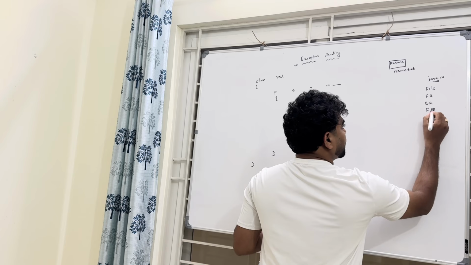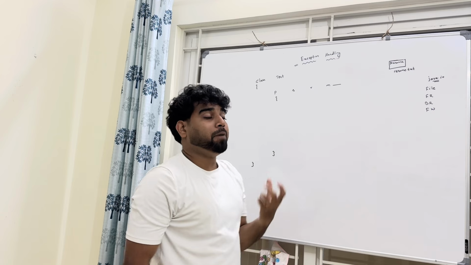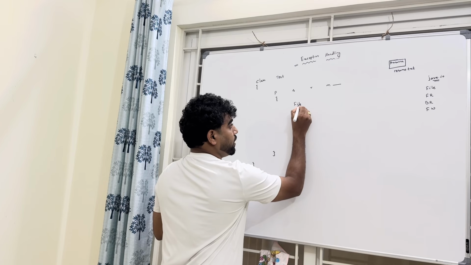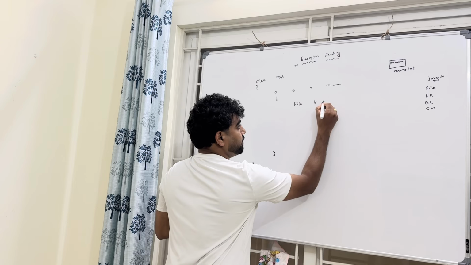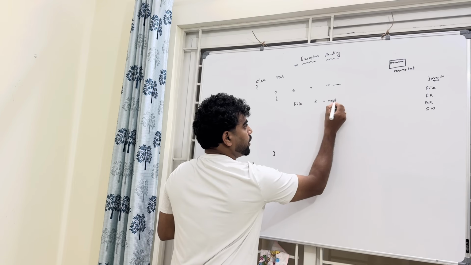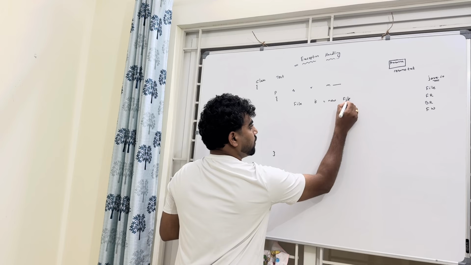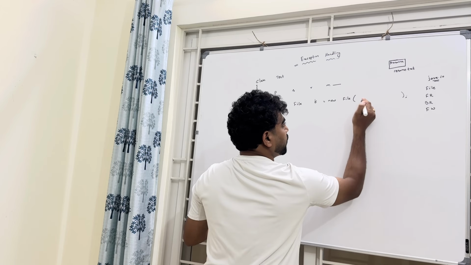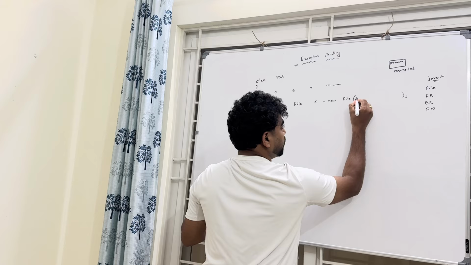Now my requirement is to read the contents from this file. How can we read them? First of all, we need to place this file information into a file object. So I am creating one object called File: File f = new File, and I need to define the location where this file is located.